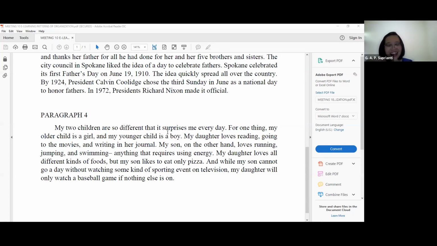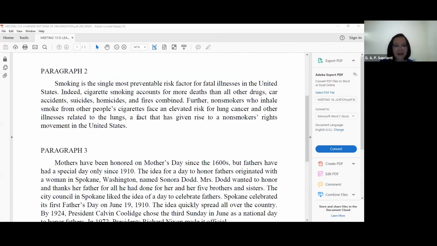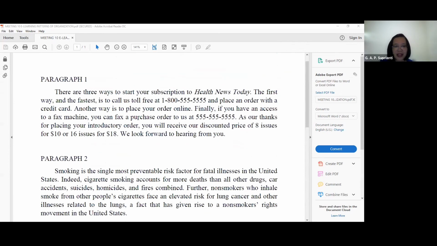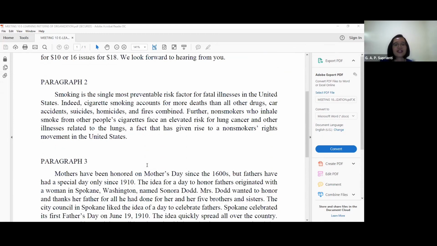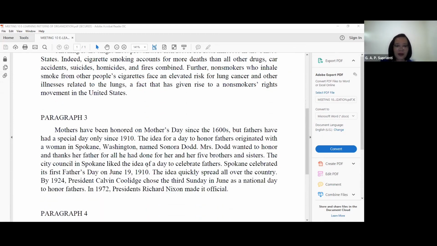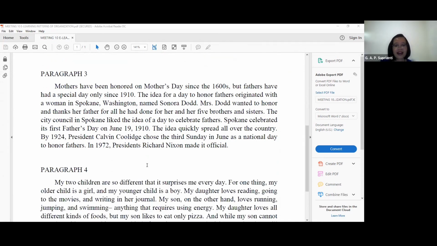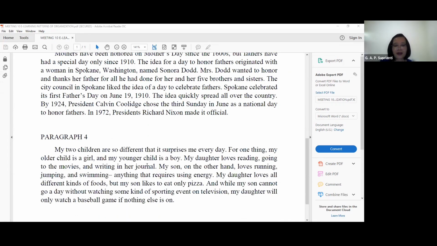Right, thank you, Meta. Okay, so, again, let's see from the first paragraph. First paragraph is listing. The second is cause and effect. And then the third is time order or sequence. And the last is comparing and contrasting. I stop sharing. I'd like to see your faces again. So that's about our lesson today.